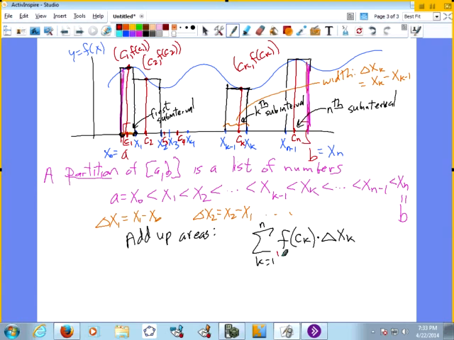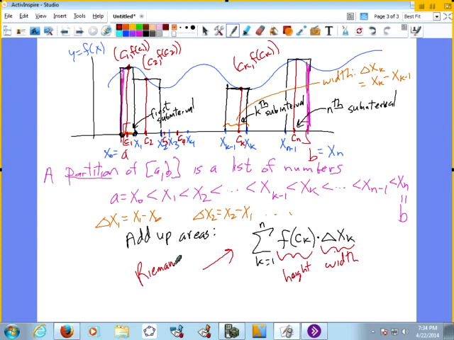So the way this breaks down, this is the height, this is the width. If we do that, starting at k equals 1, that's going to give me delta x1 times f of c1. And then delta x2 times f of c2. It's just going to give me the area of each of these rectangles for each value of k going from 1 to n.